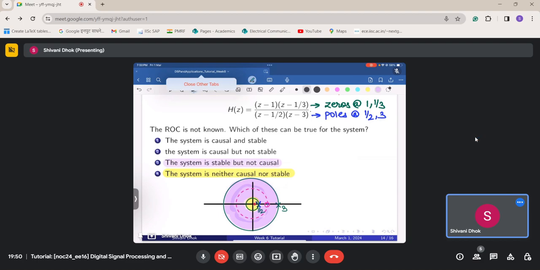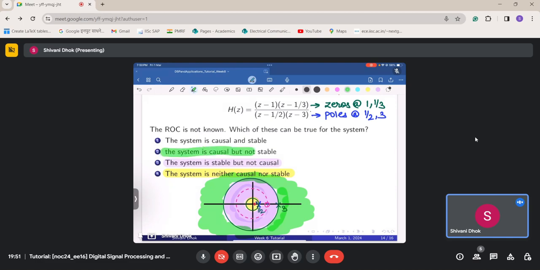Okay. Now the third region of convergence that I can have is everything outside this, which I am shading in green. This region does not include my unit circle, which means that the system is not stable, but it includes z tending to infinity, which means that it is causal.